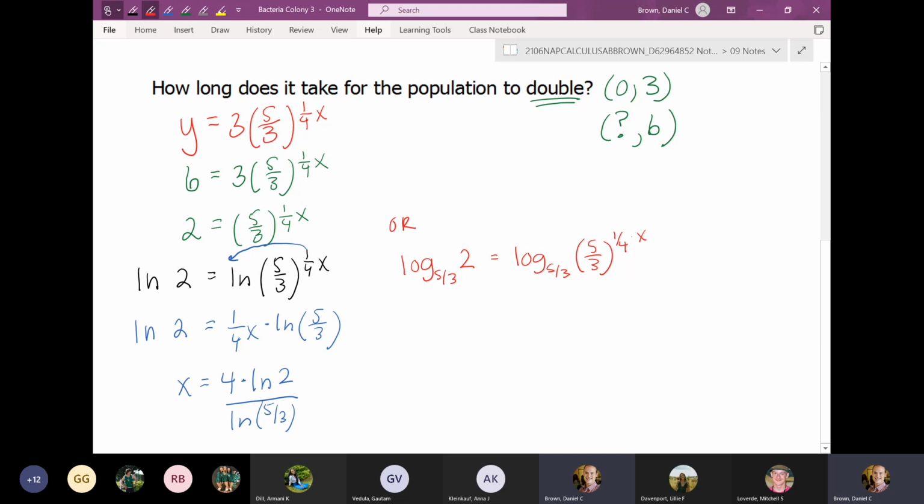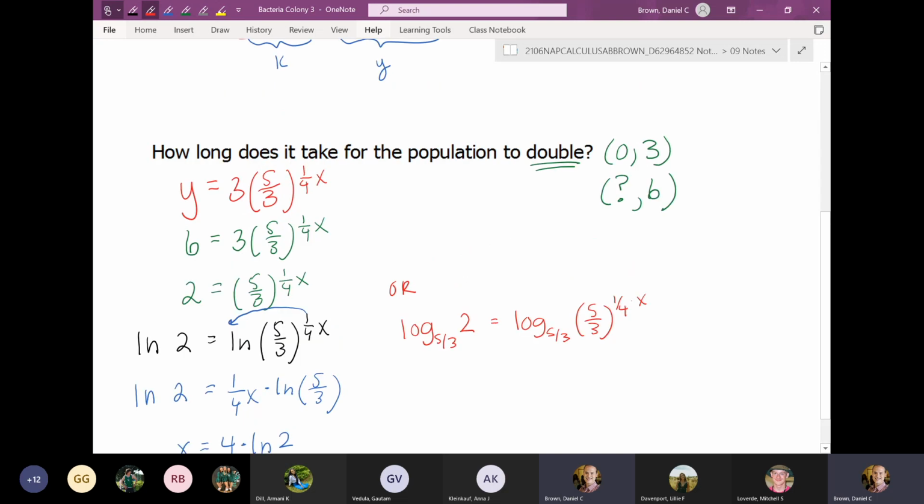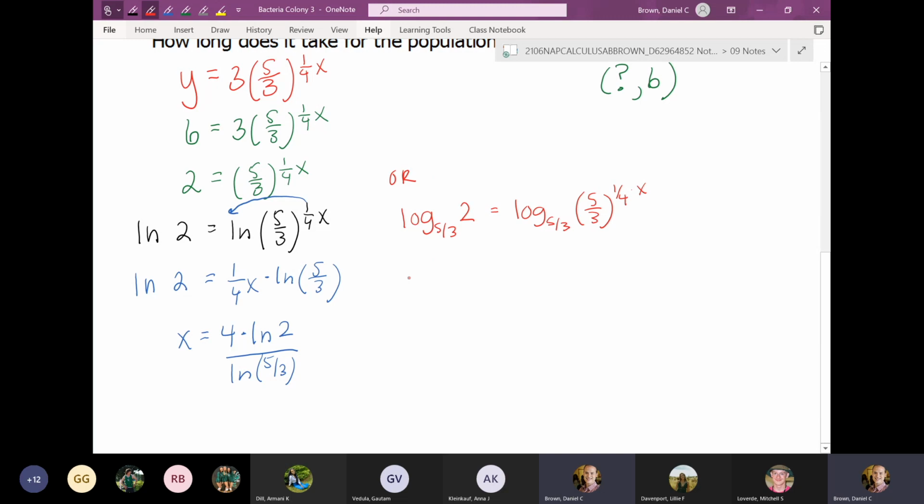So log base 5/3 on both sides. Why are we doing that? It's going to cancel out the 5/3 base on that right-hand side, and you just have 1/4 of x. And then x would be 4 times the log base 5/3 of 2.